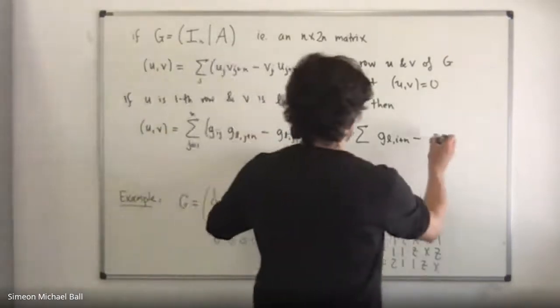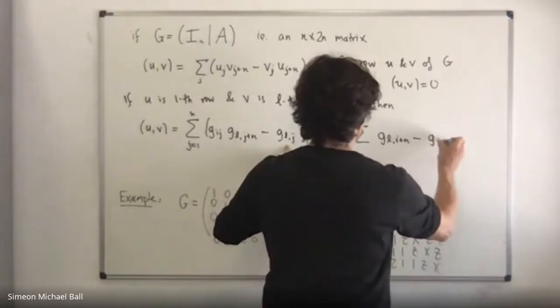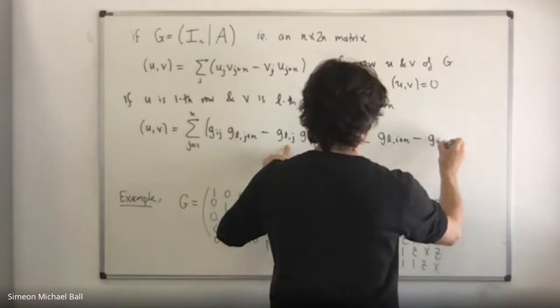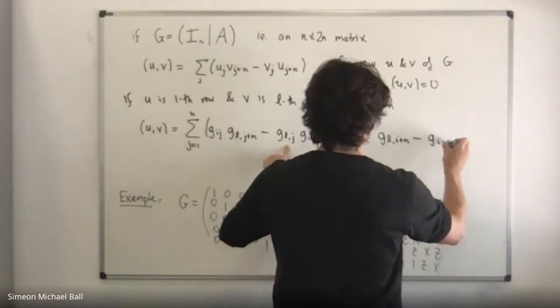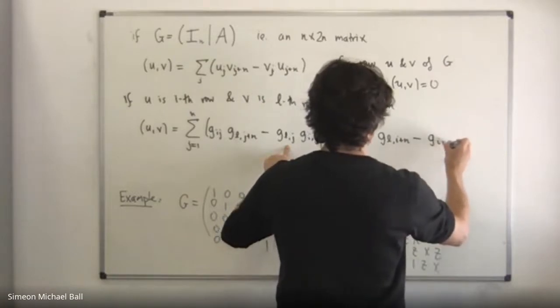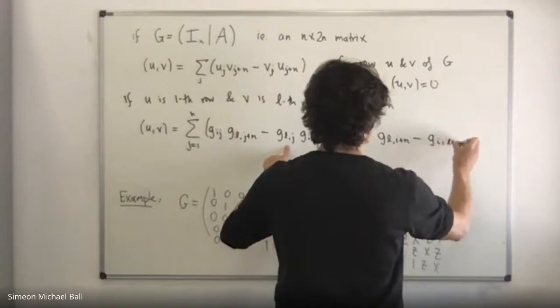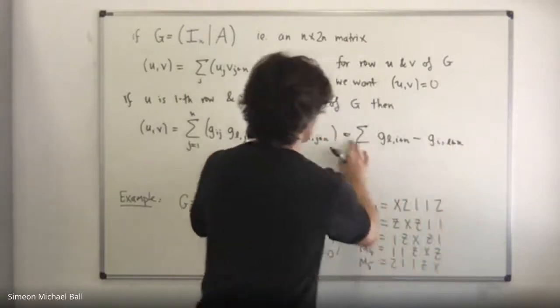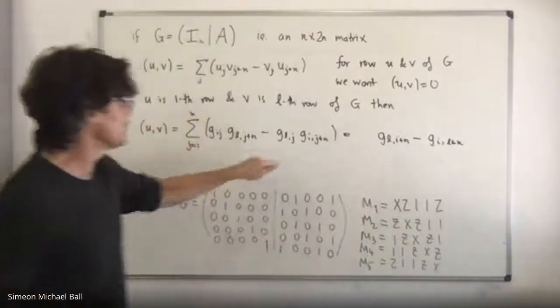So this is minus G_{i,l+n}. Now the j's are gone.